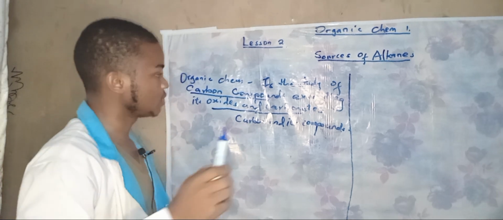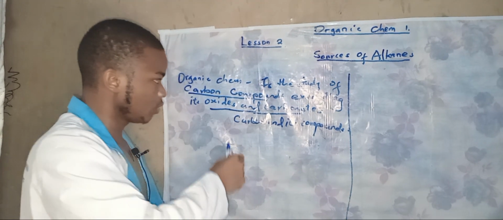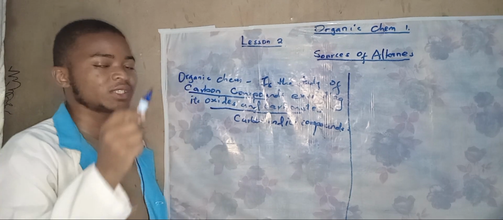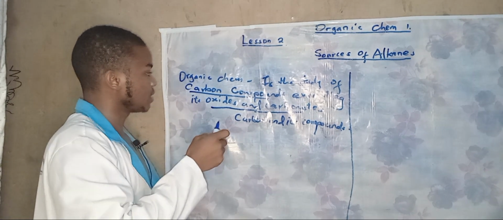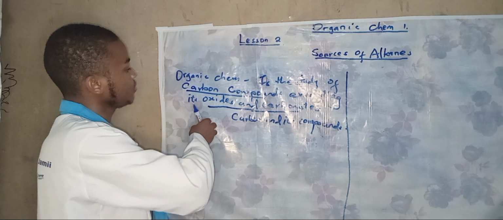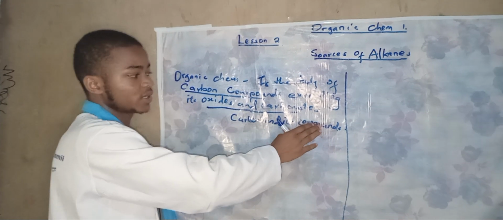That is what it means when you say exclude. It means you won't include it. So whatever concept we are going to tackle, it's only majorly concerned about carbon compounds, no oxides, no carbonates.